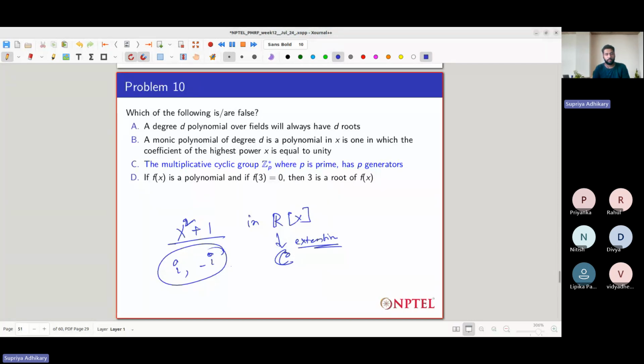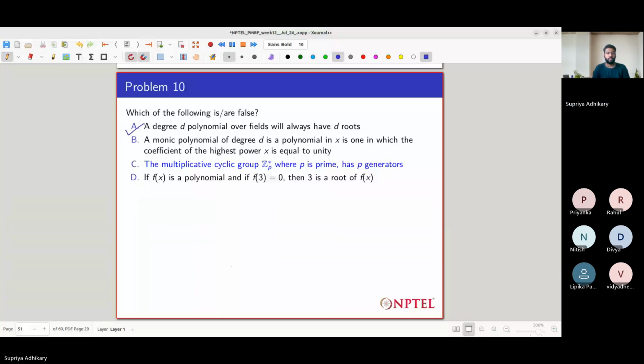But the fact is that even though this polynomial is irreducible in R, the roots of this polynomial do exist. The roots do not belong to the field itself, but may belong to some other field. So whenever we are talking about a degree d polynomial, we always have to remember that it has d many roots.